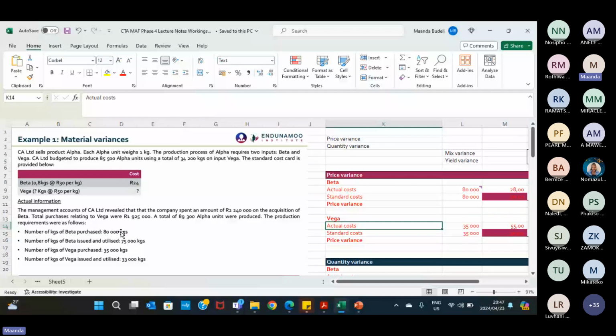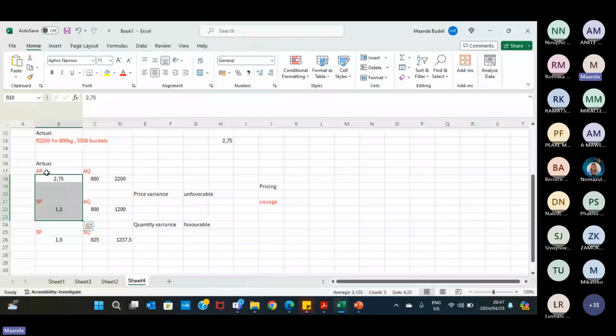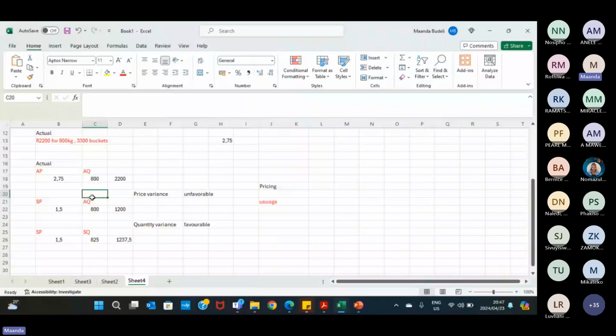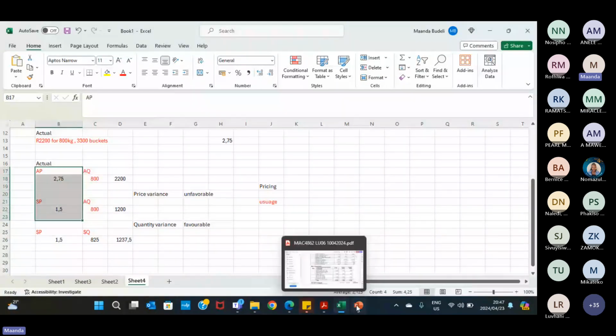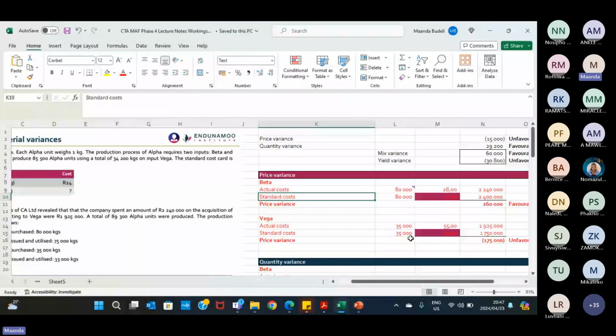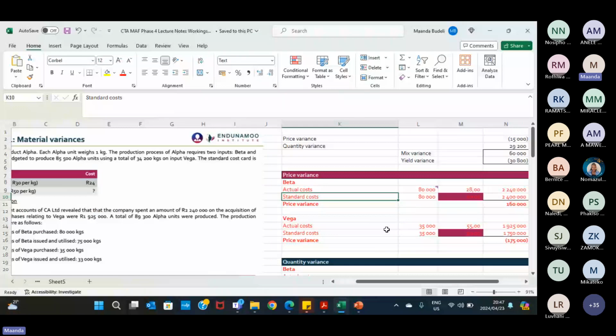You can say AP multiplied by AQ, and then SP multiplied by the quantity. You can see that the quantity remains the same, and then we just compare the price, right? So 80, 80. So what is then my price?